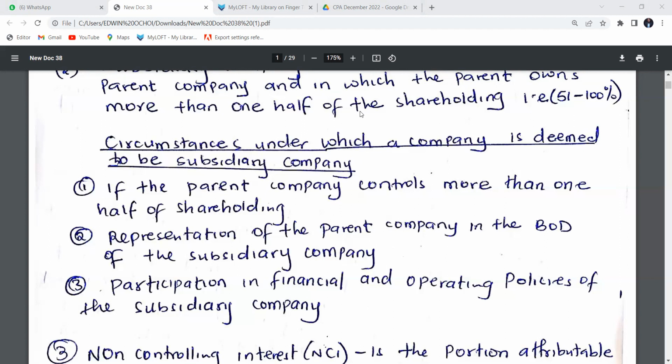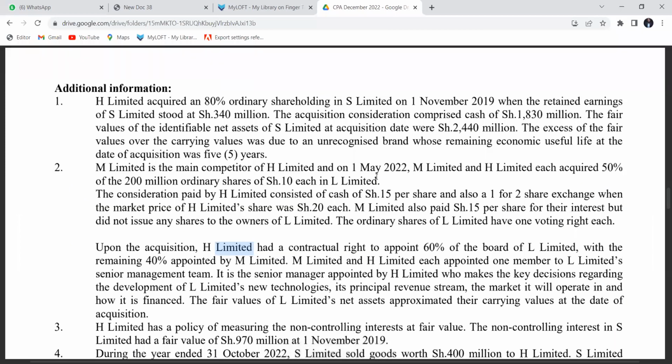So the company which has more rights in L, it's H, because it was appointing 60% of the board members. Its senior manager is the one who is doing what? Making key decisions regarding the development of L Limited's new technologies, principal revenue stream, the market it will operate in, and how it's financed.